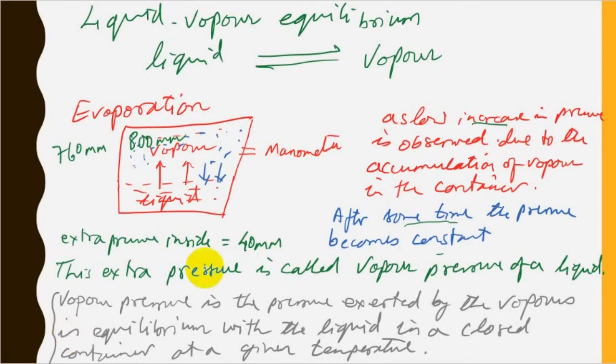Clear? So there is a condition in physical equilibrium. The process is always governed by certain parameters. In the first case, it was the melting point. Here it is vapor pressure.